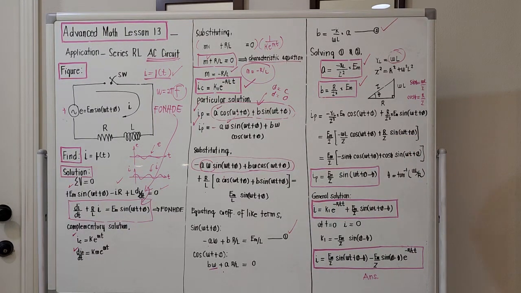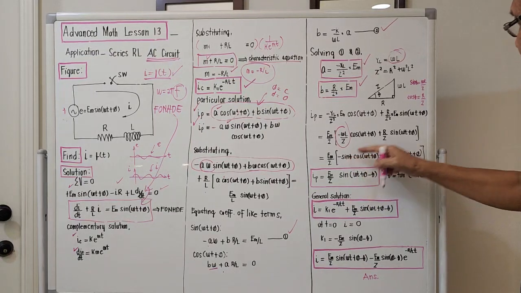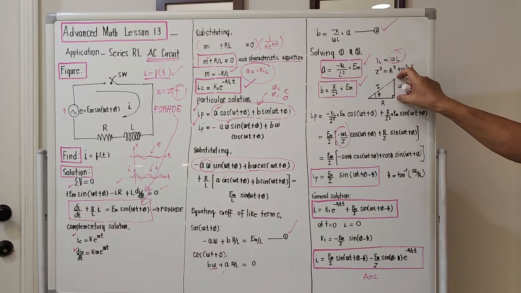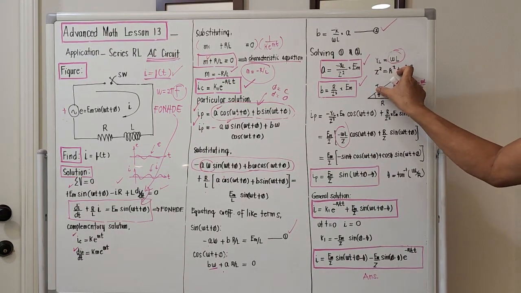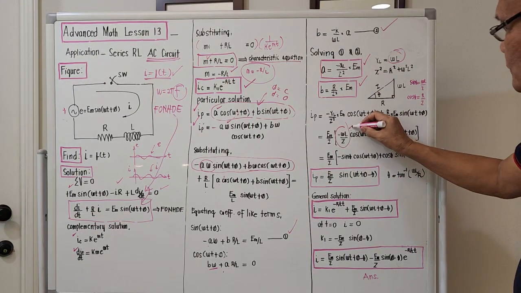But if you look at the triangle involving the resistance, inductance, and the impedance, this ratio here is actually sine of theta. This opposite side divided by the hypotenuse is sine of theta. So we could represent this one as sine of theta.